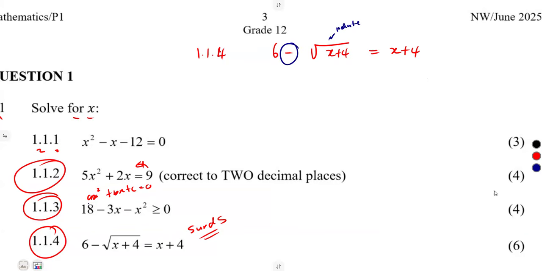It is a negative here, so I can avoid this being a negative. Take it to the other side of our equation, which is going to be a positive square root of x plus 4. It was a negative, so the moment it crosses the equal sign, it changes sign. Then I'm going to take the remaining terms which were on the right-hand side back to the left-hand side.